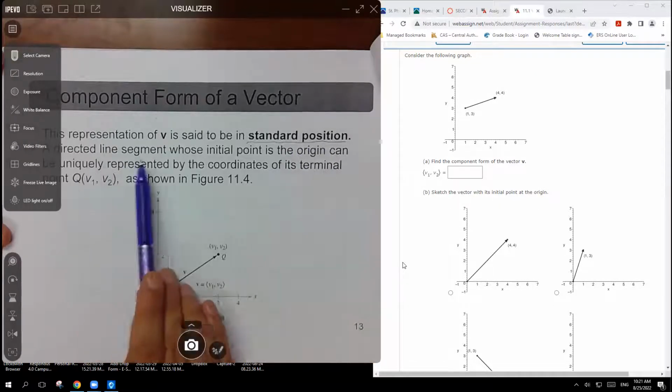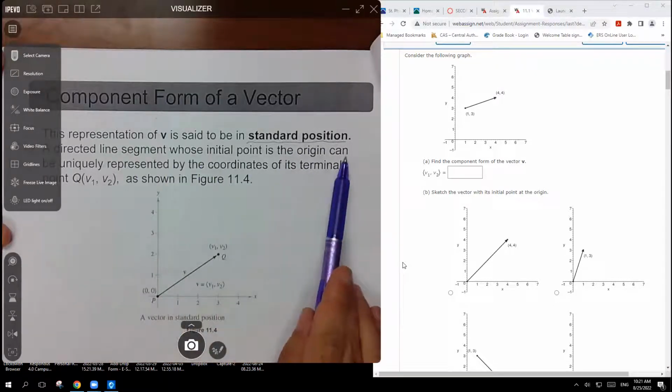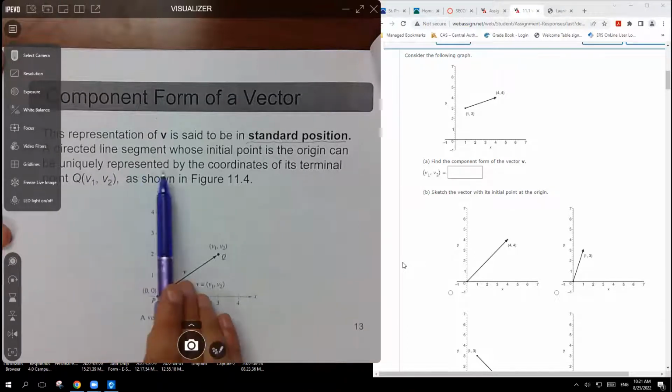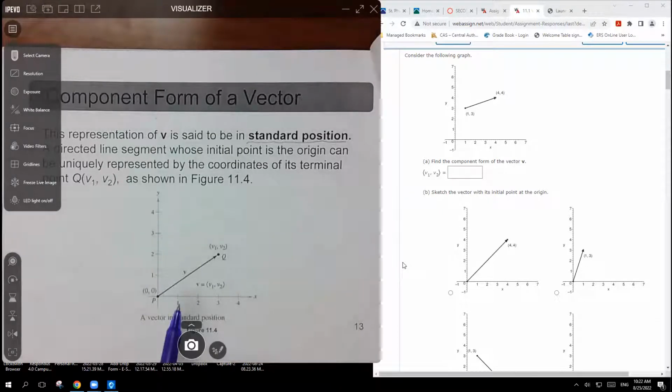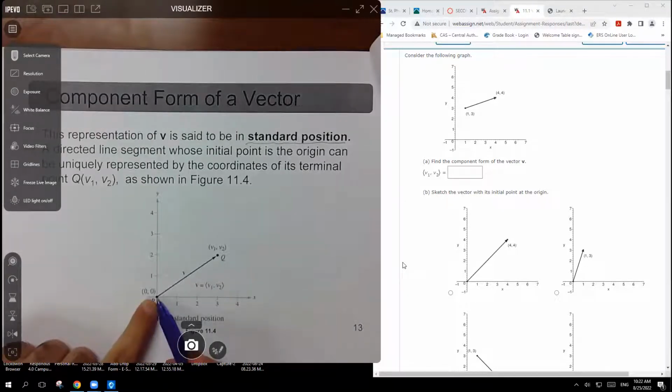A directed line segment whose initial point is the origin can be uniquely represented by the coordinates of its terminal point. That makes sense. When you represent this vector, you don't have to write down the origin point. You're just going to write down the terminal point.